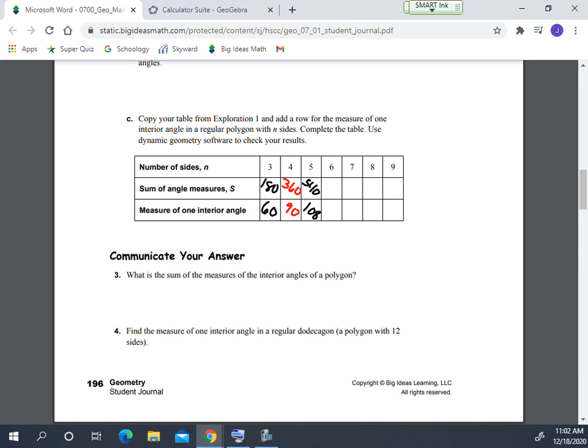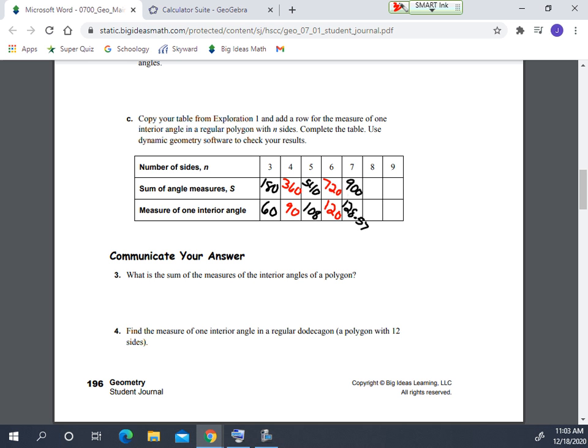For 6, the sum is 720. Divide that by 6, we get 120. Our 7-sided figure is 900, and 900 divided by 7 is 128.57.